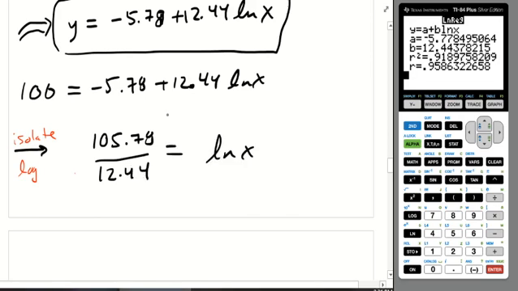Okay, but then I need to switch it to exponential form. Another way to think about that is I'm going to raise e to the power of both sides. Why e? Because that is the natural log's base. ln is base e. So e to the log base e of x will cancel, and you just get x.